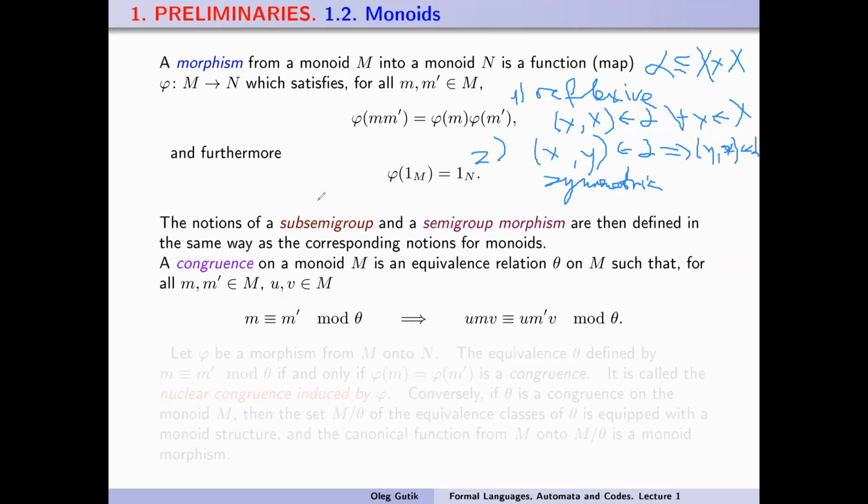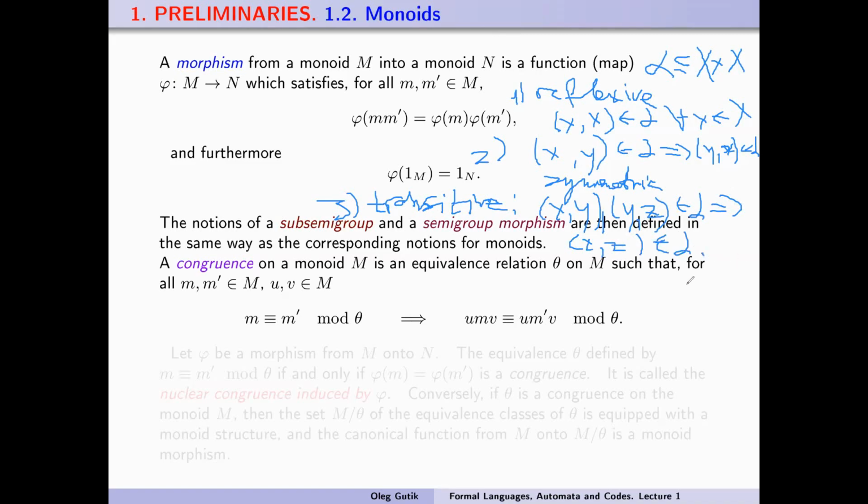And the last condition is transitive. What does this mean? It means the following property. If (x, y) and (y, z) belong to alpha, this implies that (x, z) belongs to alpha.